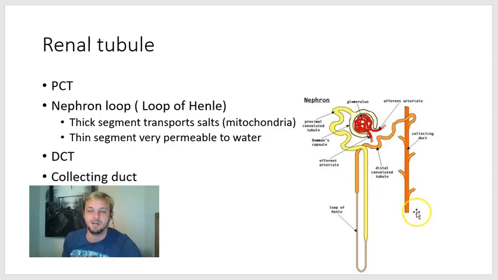So you're actively transporting salts back into this area. And then this thin segment is really permeable to water. So when you're pulling salts out, water is a clingy friend. It wants to hang out with the salt. And so as the salt gets more concentrated out here, the water also flows out. And so that helps to concentrate your urine and help you to retain more water.